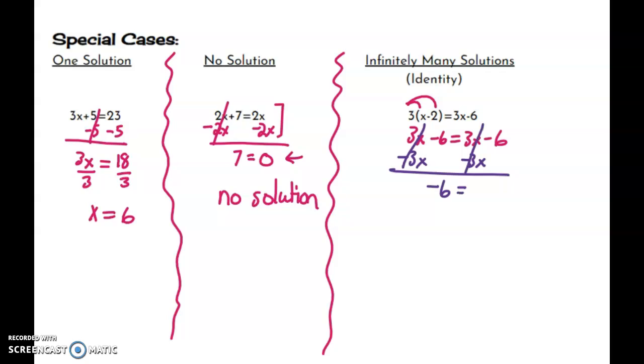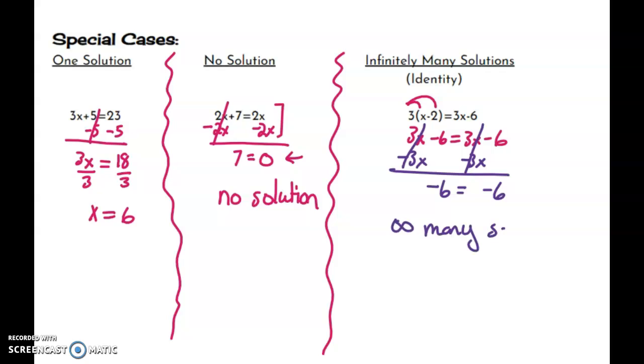And on this side, 3x minus 3x is 0, and I still have negative 6. So once again, all your variables simplified out, and you're left with negative 6 equals negative 6. So you have to ask yourself, does negative 6 equal negative 6? Yes, it does.